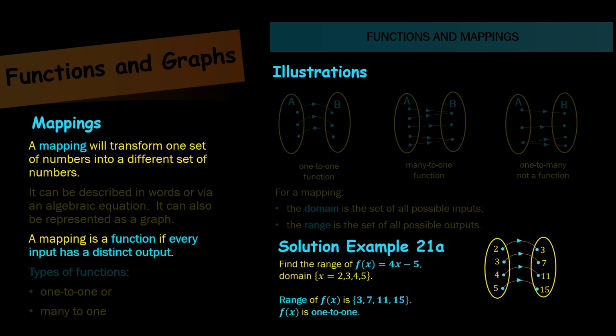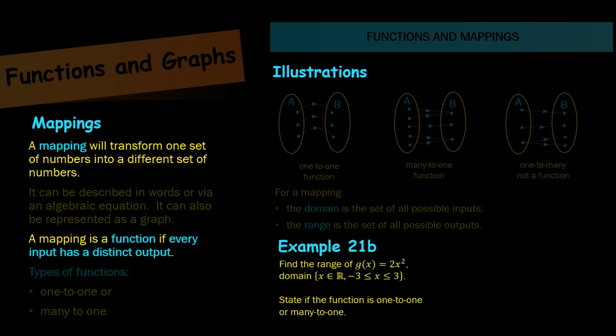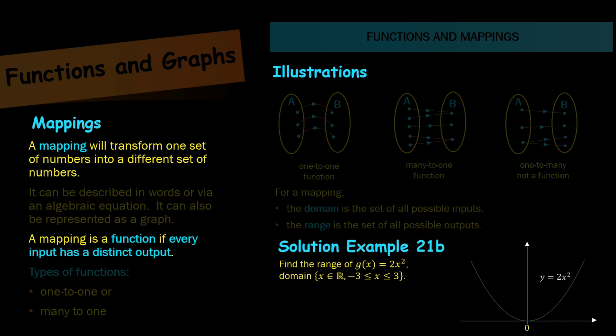Now let's take a look at part B. We are required to find the range of g of x equals 2x squared for the domain x in the real numbers and x greater than or equal to minus 3 and less than or equal to 3. We are also required to state if the function is 1 to 1 or many to 1. So let's solve this. Here's a sketch of y equals 2x squared.